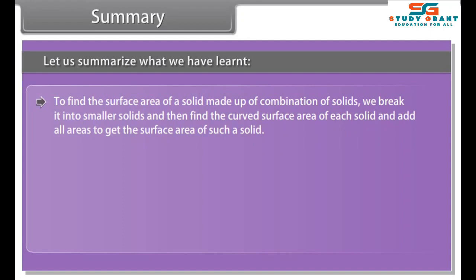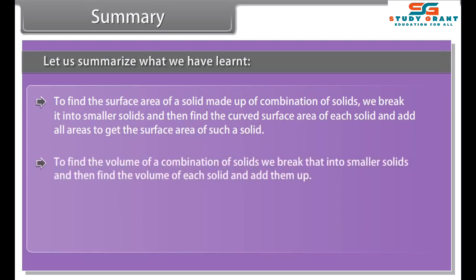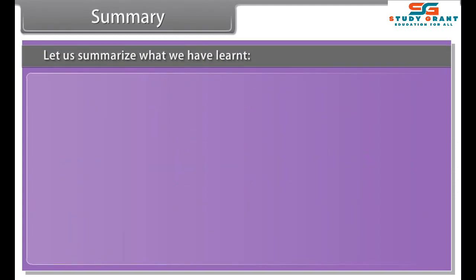H square equals L square minus (R1 minus R2) square. By substituting the values we get h equals 3.51 centimeter. Volume of the frustum of the cone, by substituting the values, is equal to 43.50 centimeter cube.